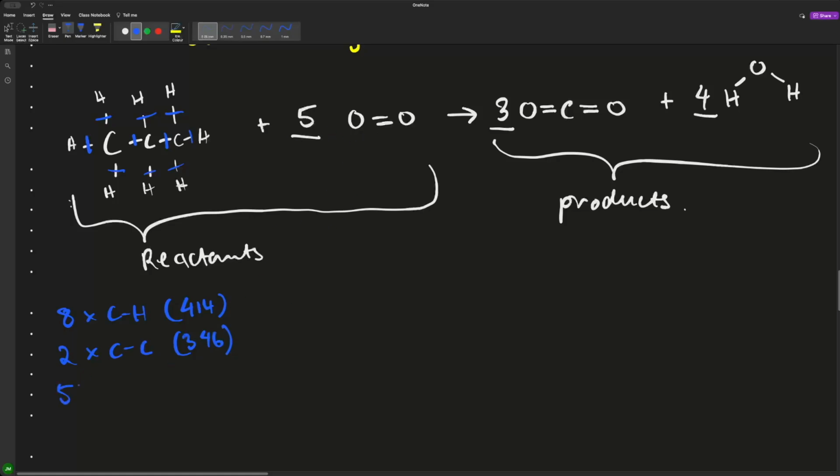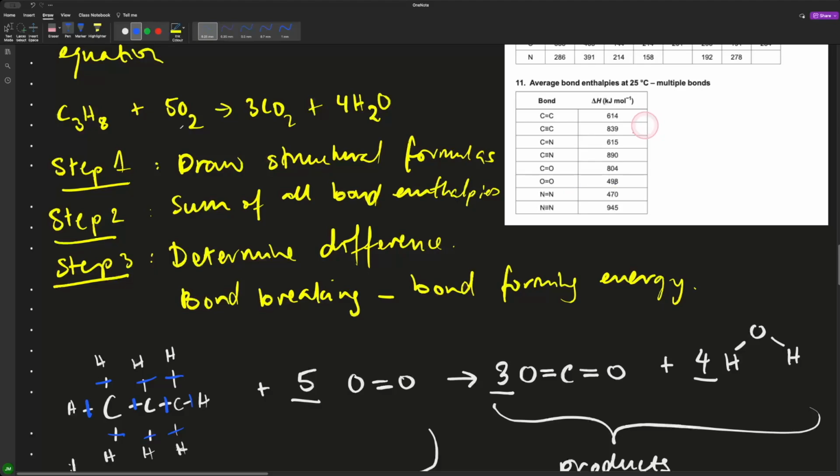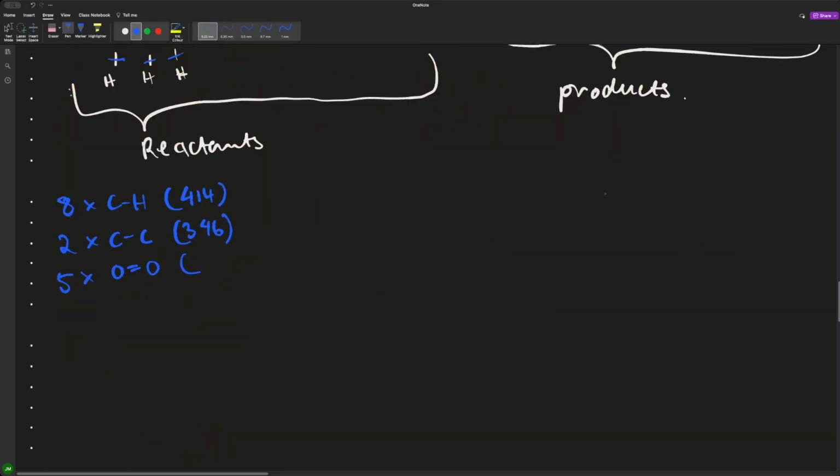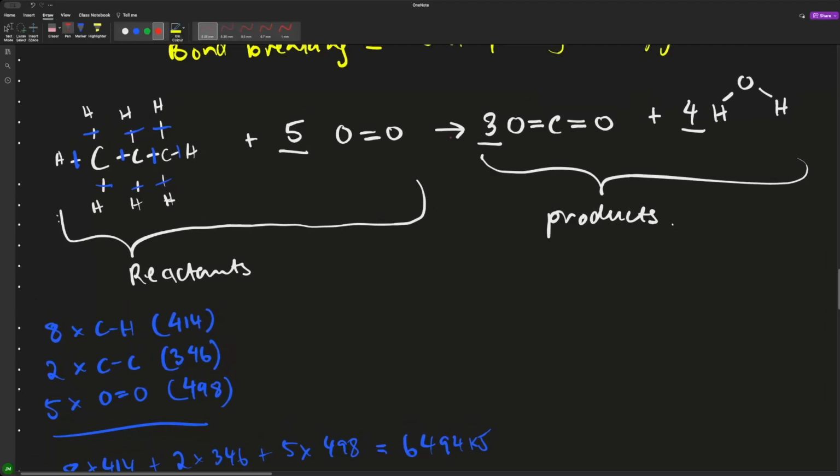So 5 times the O double bond O, and that is 498 kilojoules. Okay, now let's quickly sum all of this up. That gives 6494 kilojoules.